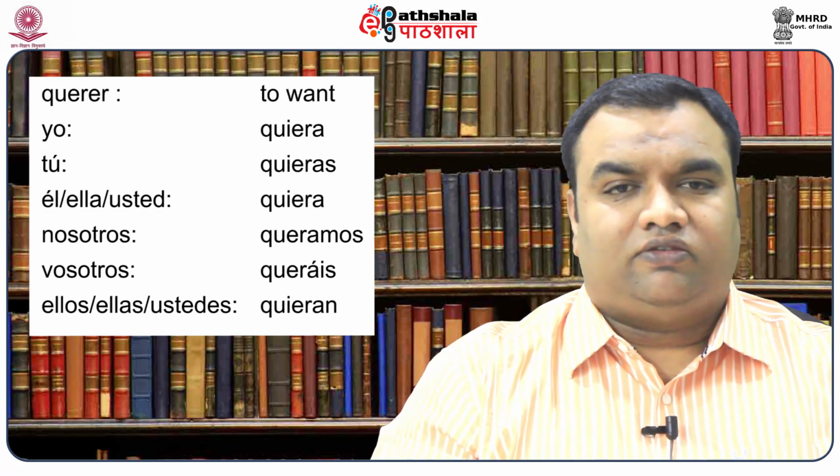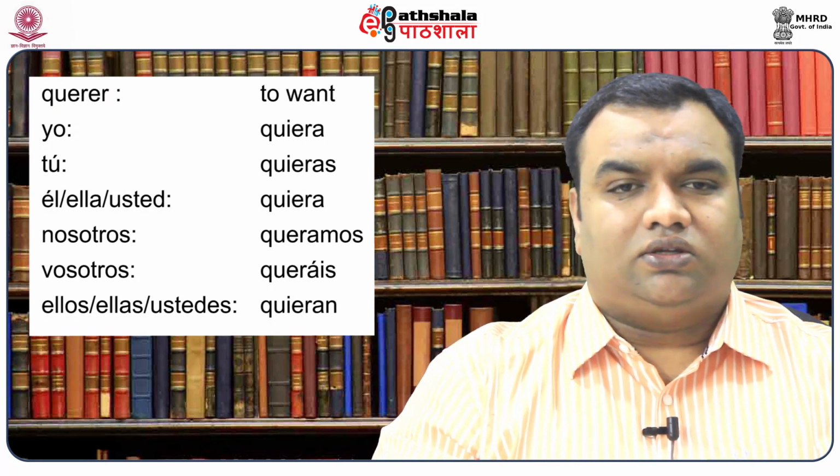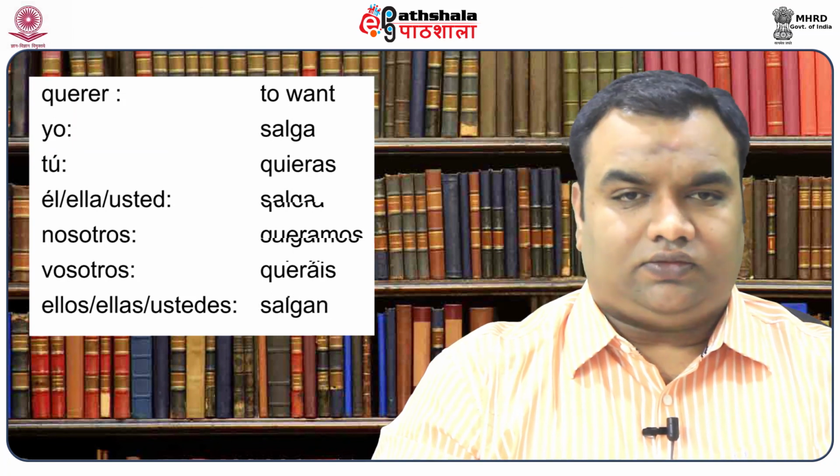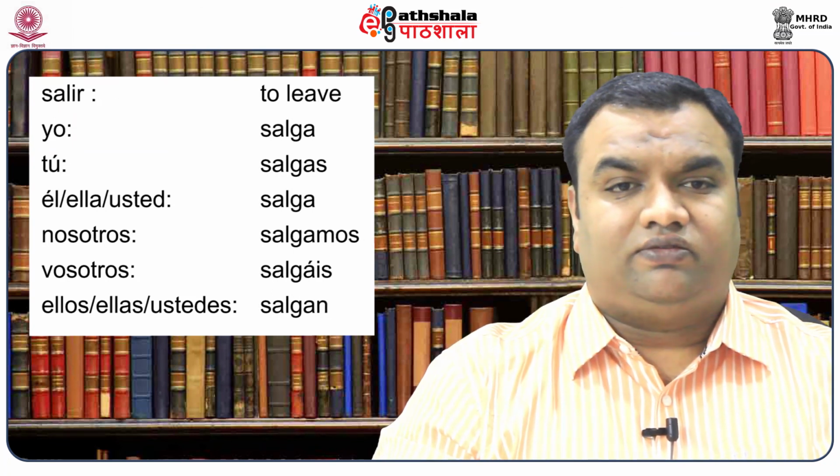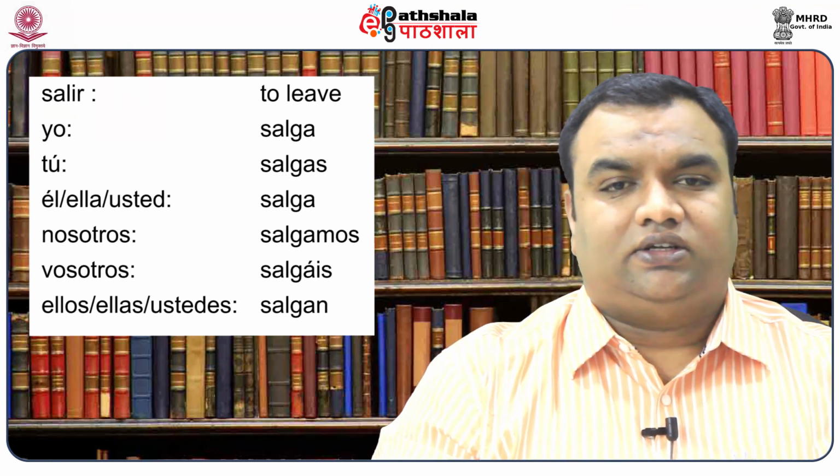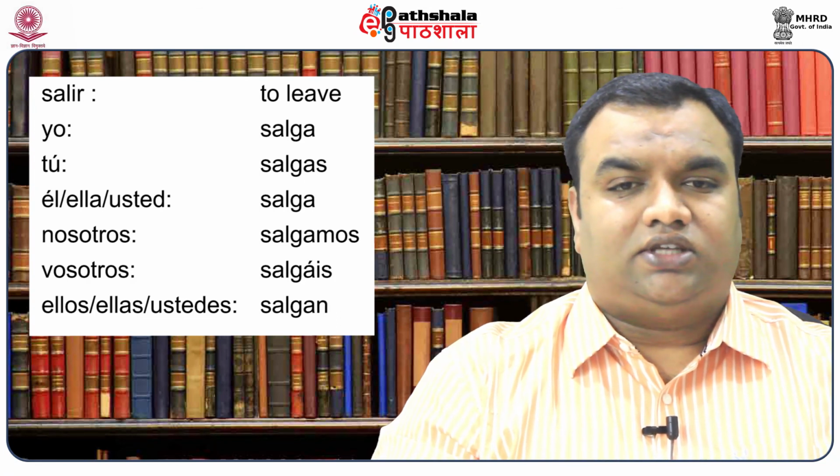The verb querer, which means to want, is conjugated in the present subjunctive in the following manner: quiera, quieras, quiera, queramos, queráis, quieran. Salir, which means to leave, is conjugated like this: salga, salgas, salga, salgamos, salgáis, salgan.